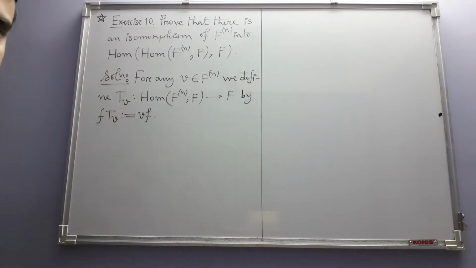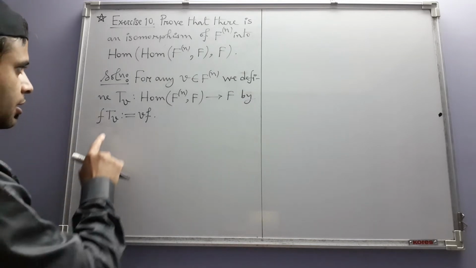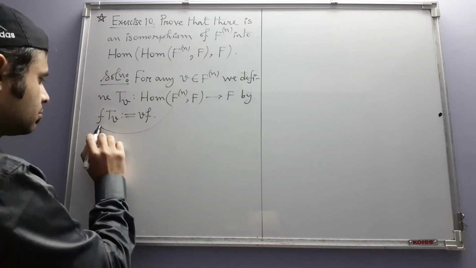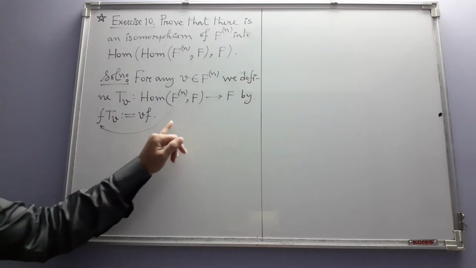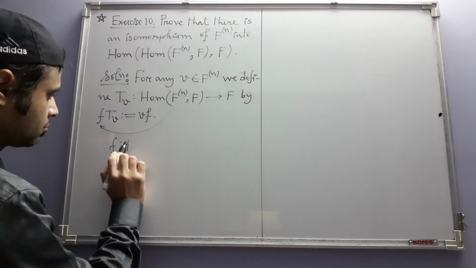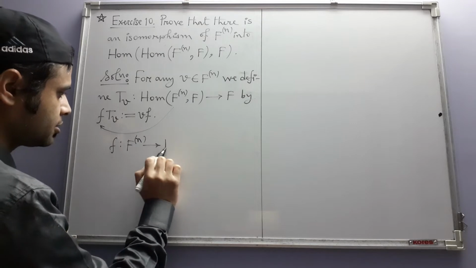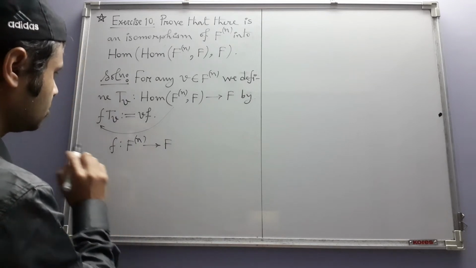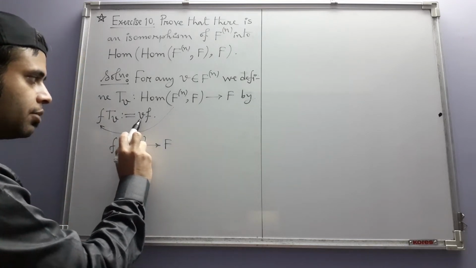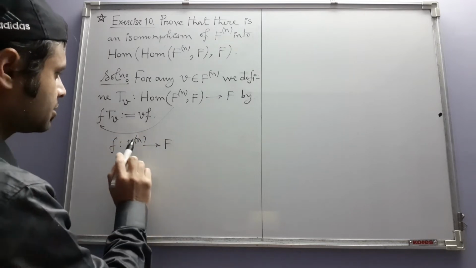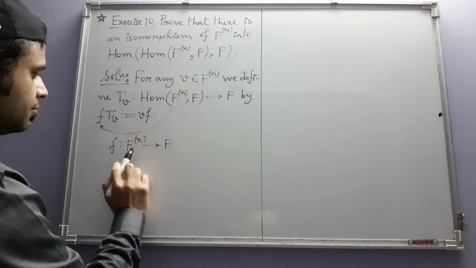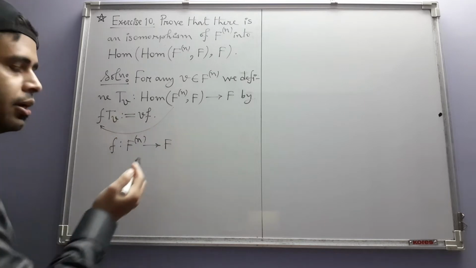Now, what is the meaning of this function? Our Tv is our function and f is coming from here. So this f itself is a function from Fn into F. And in fact, it's not just any function, it's a homomorphism, a vector space homomorphism. So it makes sense to apply f on this vector v, or in other words, it makes sense to evaluate f at v, because v is a vector in Fn and the image of v under f is vf.